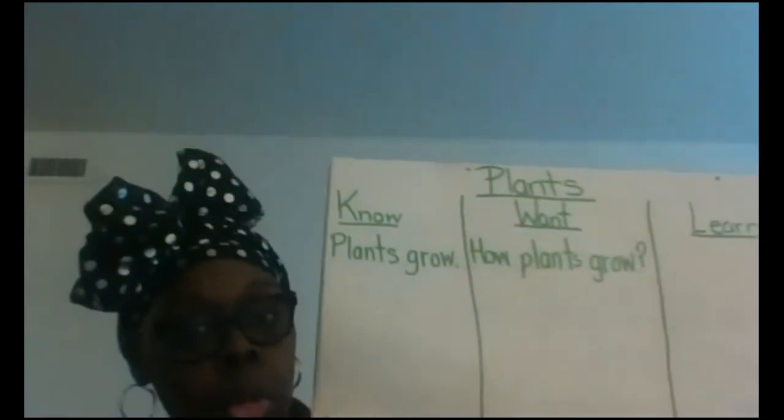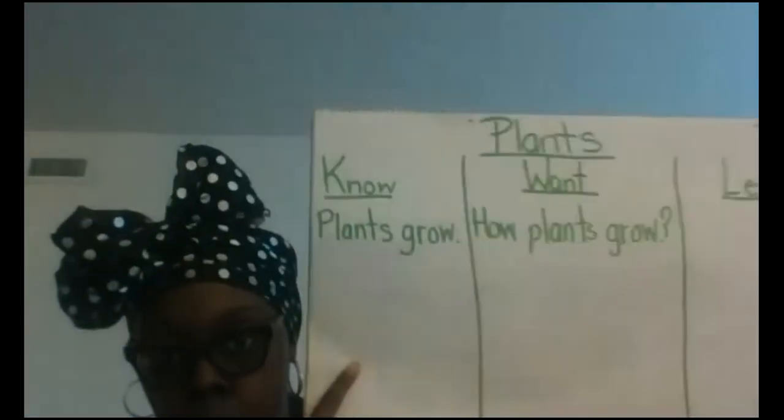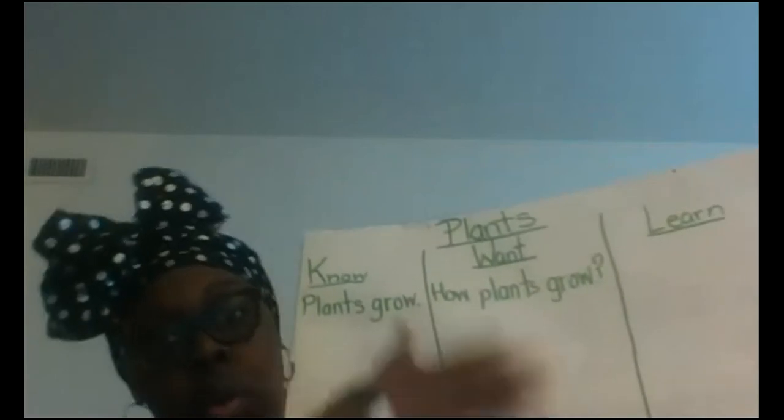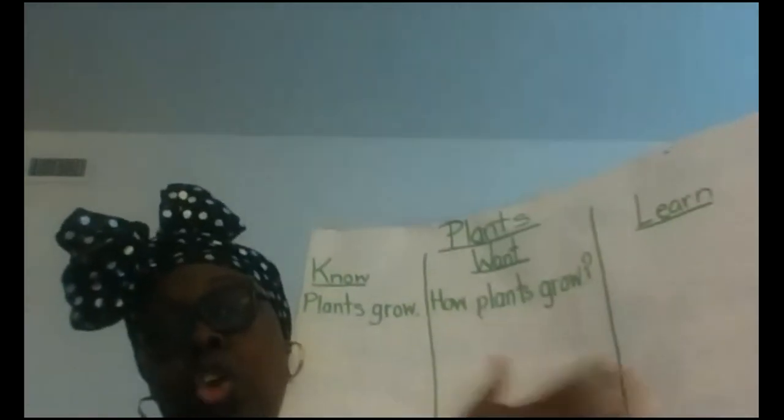We will talk about what we know, what we wanted to know, and what we learned about plants. So if you write down some of those things so you can have them ready for our Zoom meeting tomorrow, that would be awesome sauce.